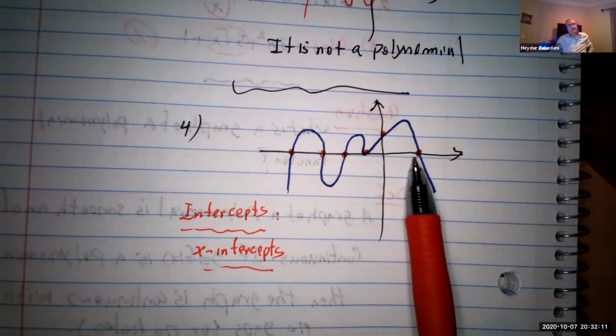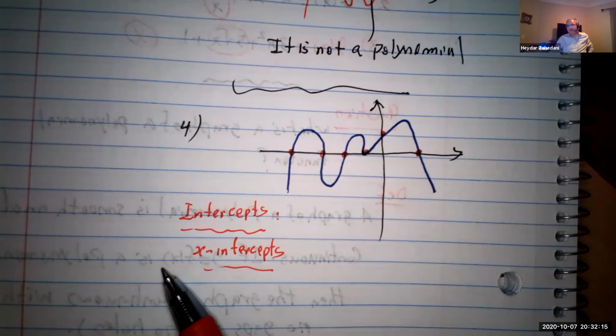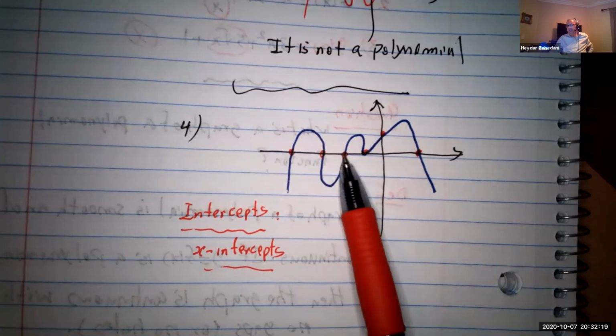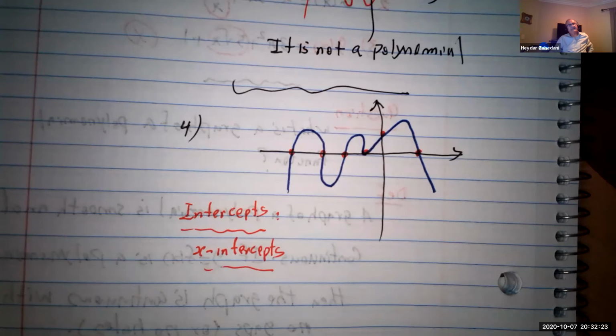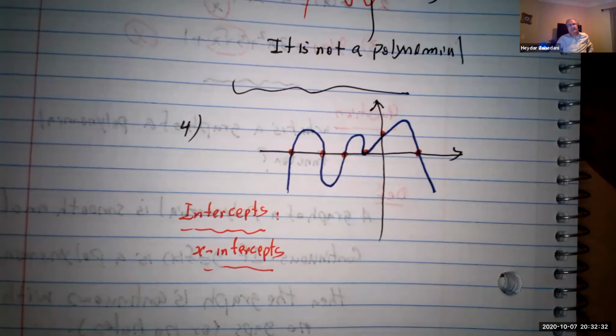When we graph it, what's the difference between this one and the others? Can you see any difference?